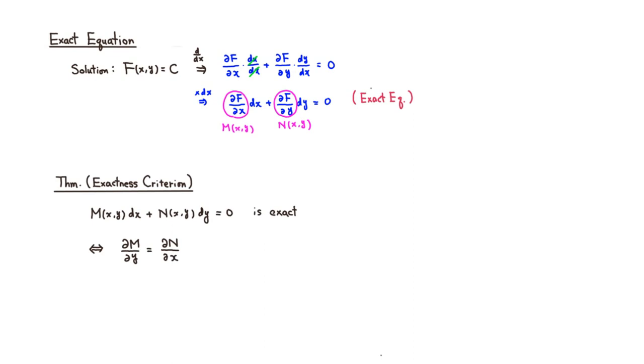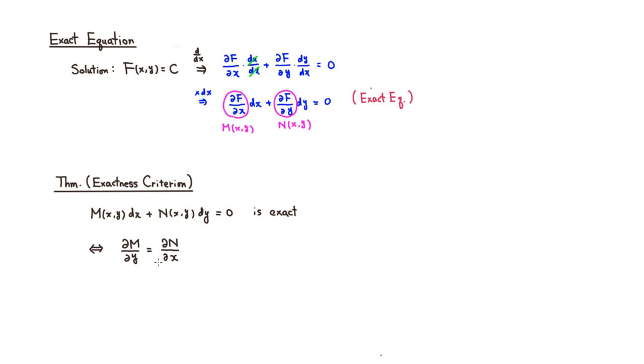We say M dx plus N dy equals 0. It might not be exact, but we can make sure that it's exact if and only if the partial derivative of M with respect to y is equal to the partial derivative of N with respect to x.